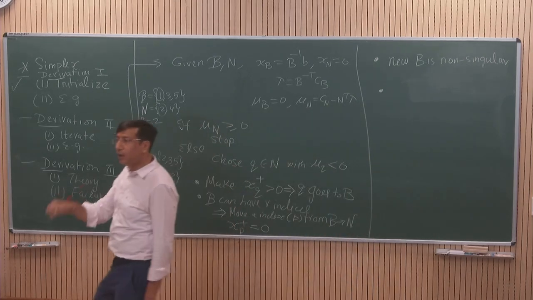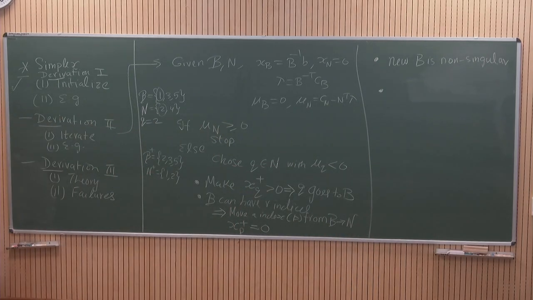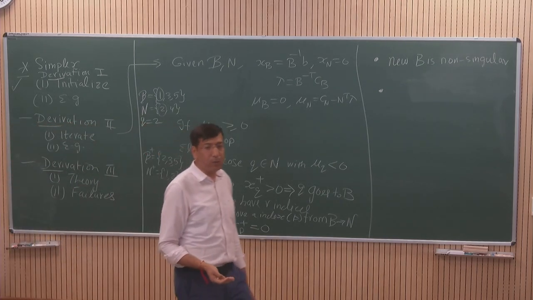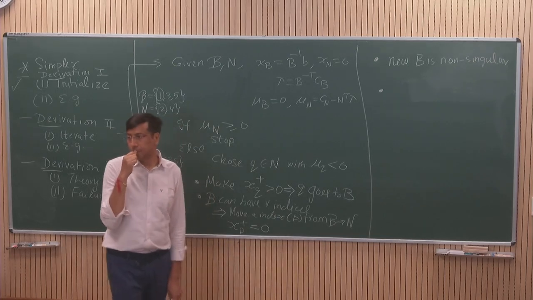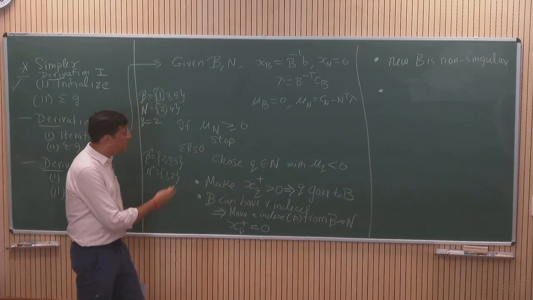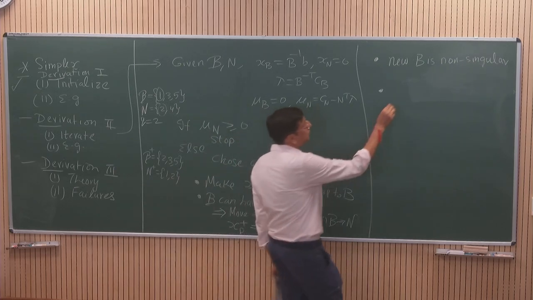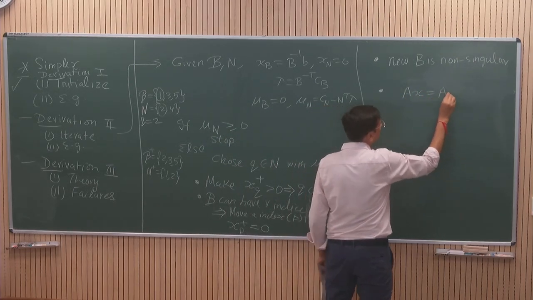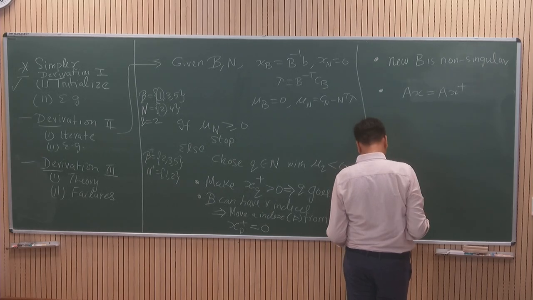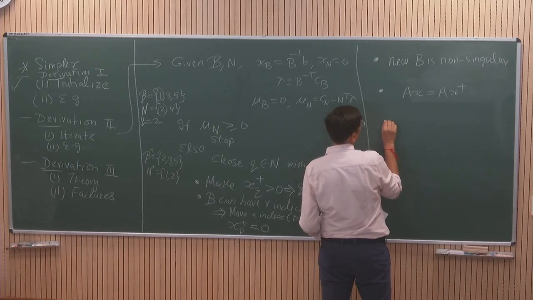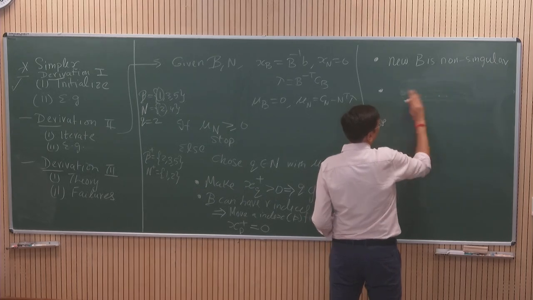You are going from one vertex to the next vertex, one basic feasible point to the next basic feasible point. What were the 5 things to satisfy for a basic feasible point? Feasible, it should be feasible first of all, which we have not done, right? So A x should be equal to A x plus.